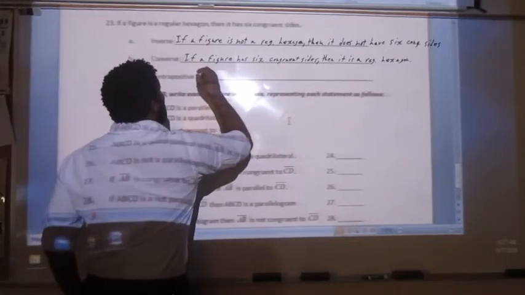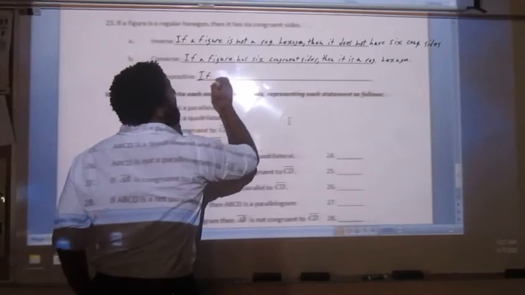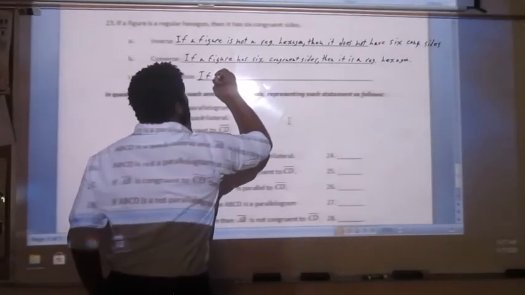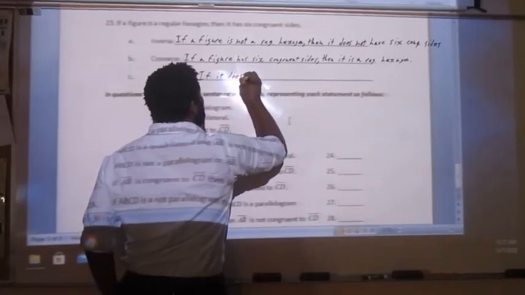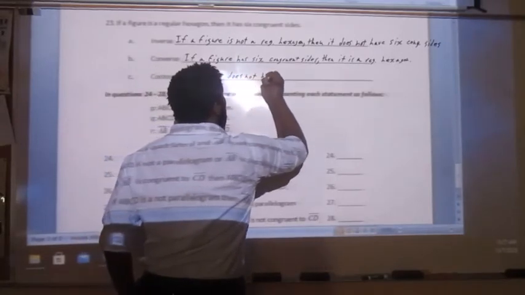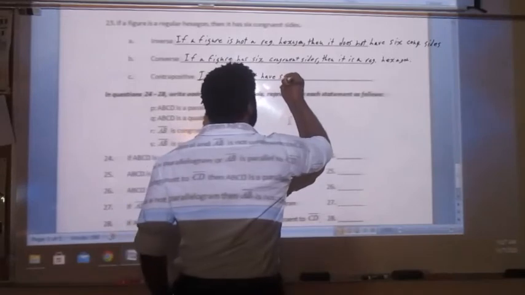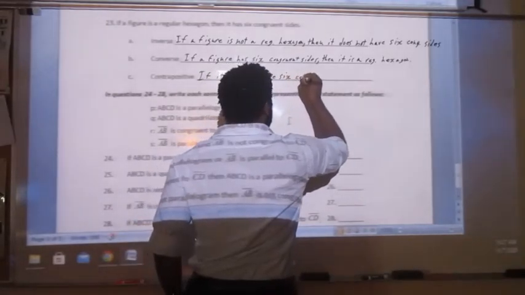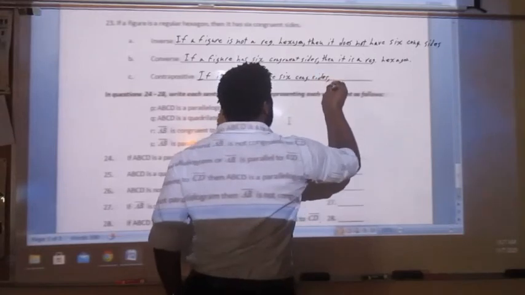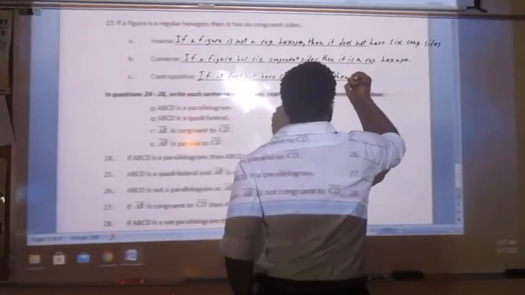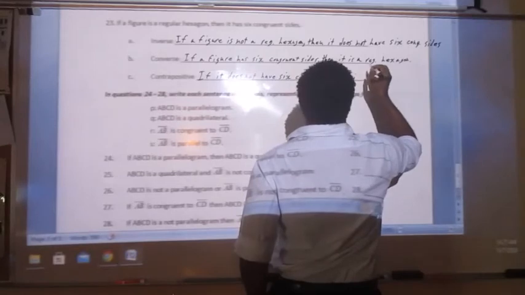Contrapositive: if it does not have 6 congruent sides, then it is not a regular hexagon.